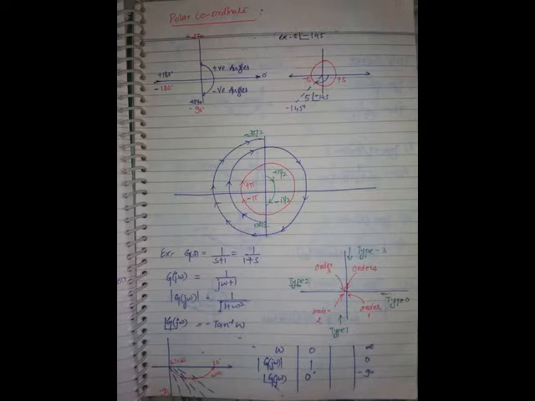If there is an S term here, it becomes type 1. When omega is 0, the starting angle will be minus 90. So type 1 will start from minus 90. Type 2 will start from minus 180. Type 3 will start from minus 270. Type 4, minus 360. The type of the system will determine where the polar plot will start.